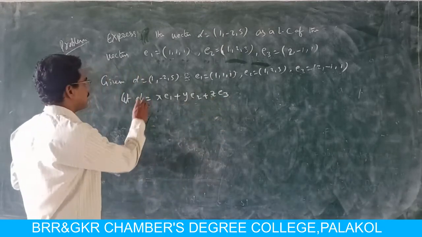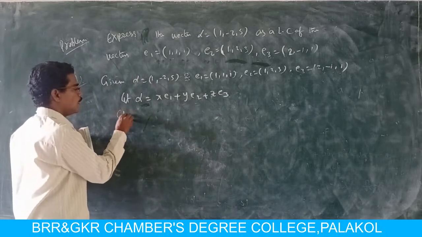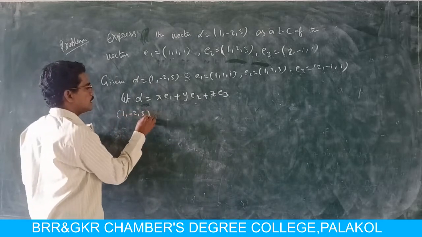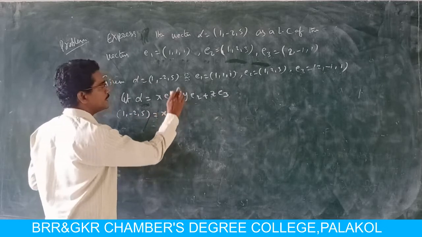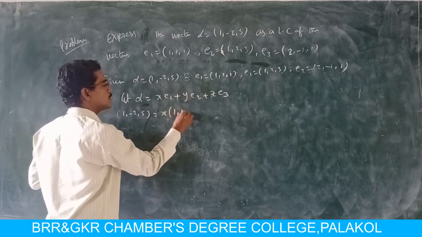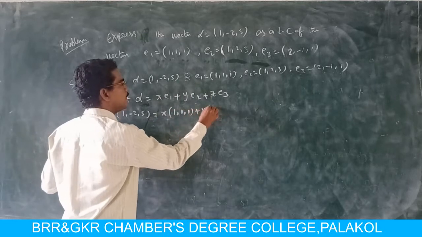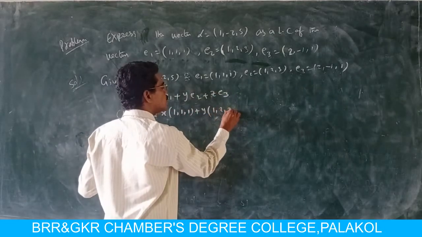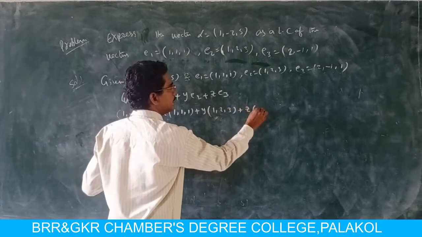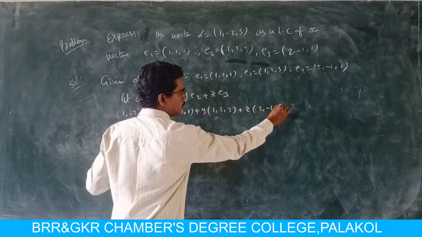Here alpha means 1, minus 2, 5 equal to x into e1, means 1, 1, 1, plus y into e2, means 1, 2, 3, plus z into 2, minus 1, 1.